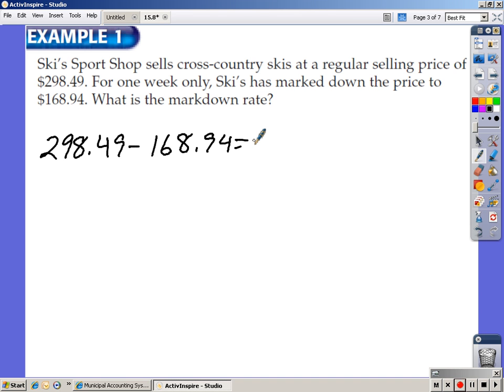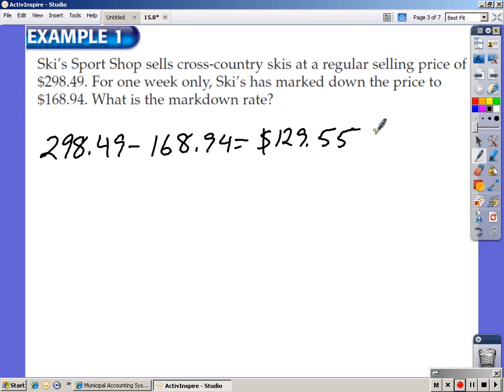Okay, plug that in the calculator. And you should come up with a markdown of $129.55. All right?